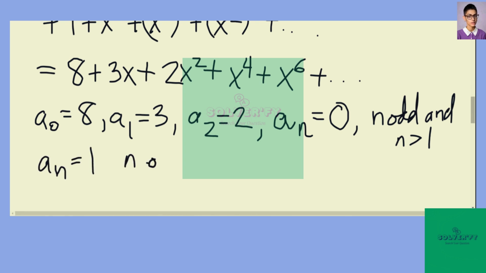And we have that a sub n is equal to 1 if n is even and n is greater than 2.